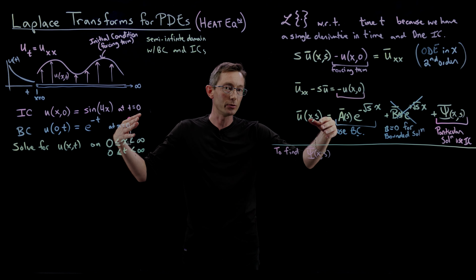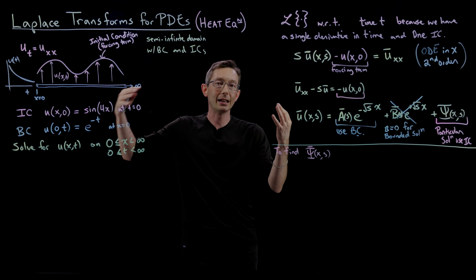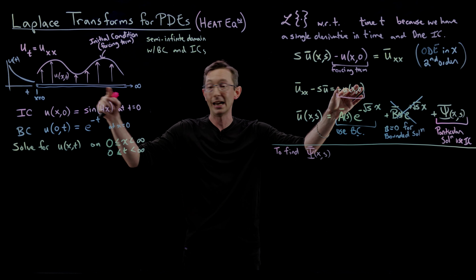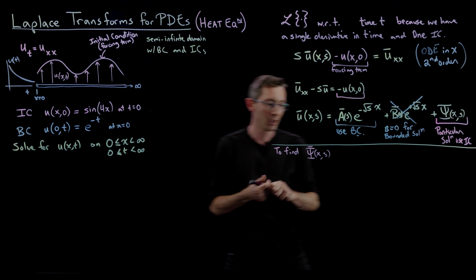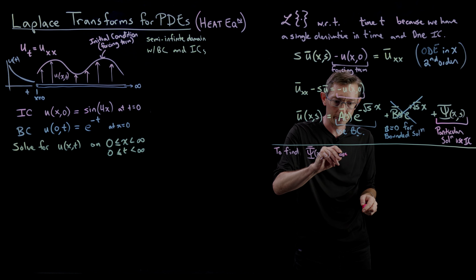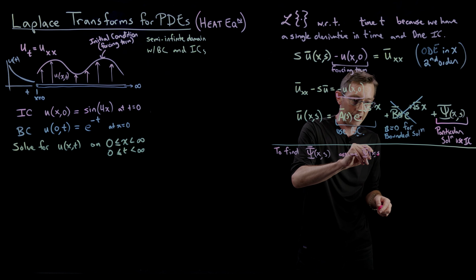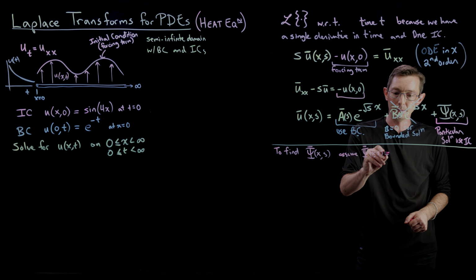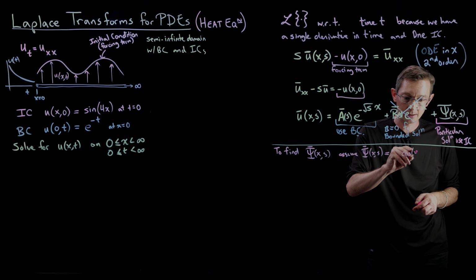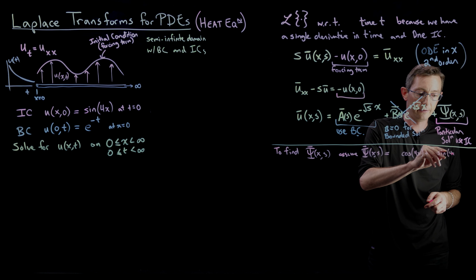And so the way that you usually find a particular solution is that you assume that your solution is going to have the same form of sines and cosines of 4x. So we're going to assume that psi bar of x comma s is equal to c of s cosine of 4x plus d of s sine of 4x.